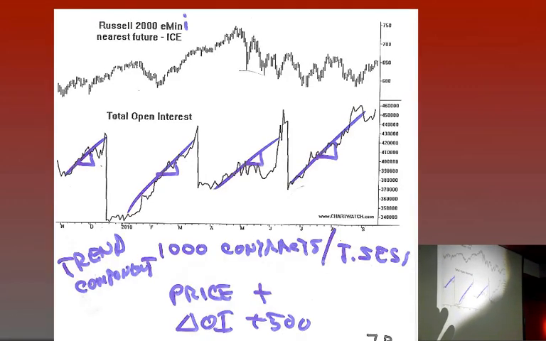So what you need to do with a contract like this, if you're interested in the Russell, you have to trend the open interest increase. You go back the last 4 expirations, you find this slope, and I'll just make a guess. What if that's 1,000 contracts, just to put a number on it, contracts per trading session. This is the trend component.